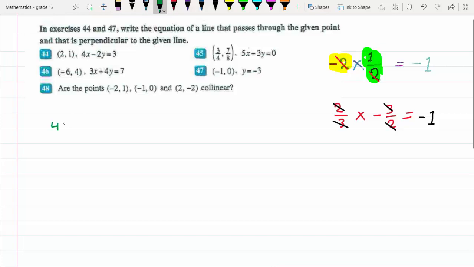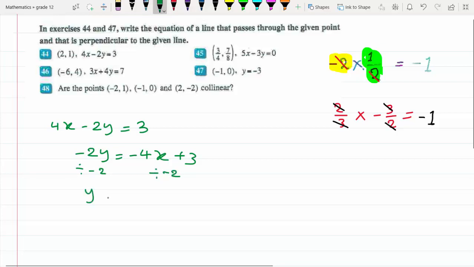We have this equation 4x minus 2y is equal to 3. To find the slope, we need to keep y alone on a side. Send 4x to the other side. It's positive here, it will be negative. -2y is equal to -4x plus 3, because this 3 here is already positive. To get rid of this -2, we are going to divide both sides by -2.